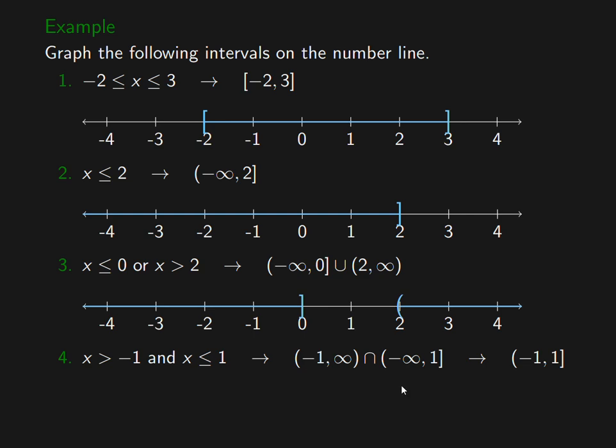The second set is the real numbers less than or equal to 1, from minus infinity to 1, but 1 satisfies this inequality, so we'll use a right bracket. This is also equal to the interval from minus 1 to 1, where we use a left parenthesis to indicate that minus 1 is not a solution, and a right bracket to indicate that 1 satisfies the inequality.